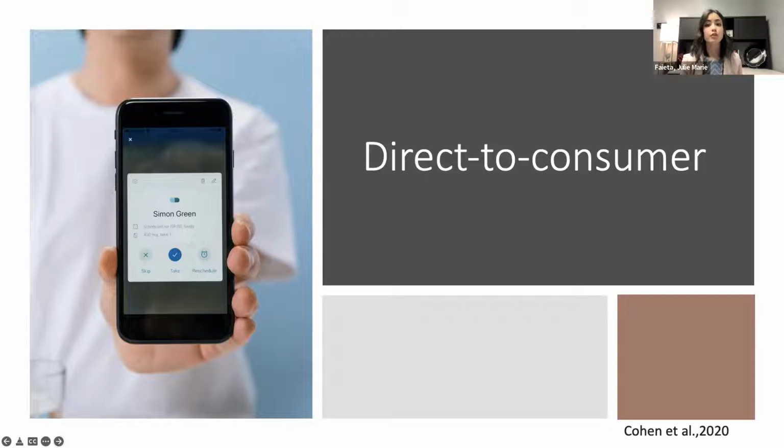You don't have to wait for a doctor's prescription or an insurance company's approval. You just go buy them if you think you need them. The same goes for mHealth. You don't need much mediation to purchase a lot of the mHealth that's out there. You as a consumer really have direct access. You just go download it.